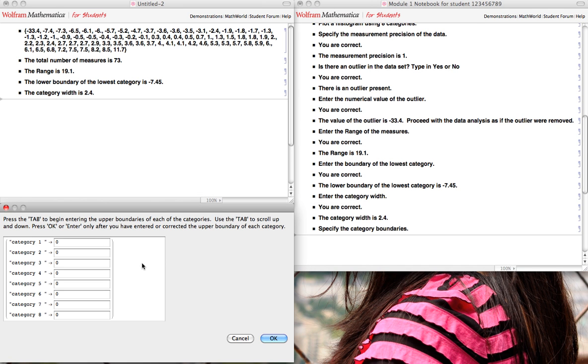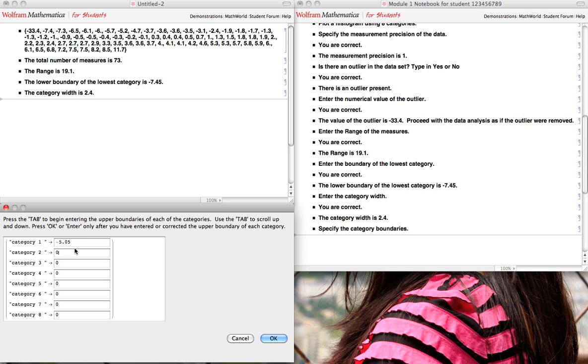So now you have to enter the upper boundaries into the spaces here. You start with the first category, so the upper boundary of the first category is minus 7.45 plus 2.4. It's minus 5.05.